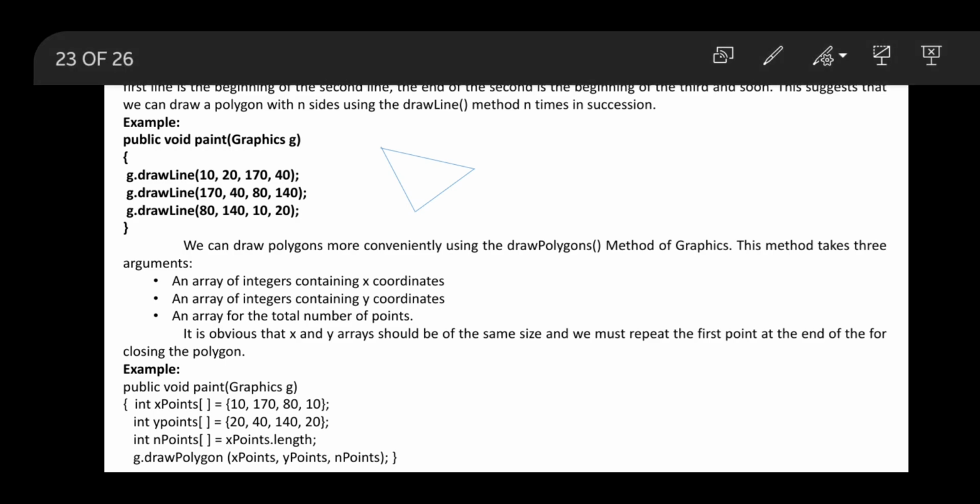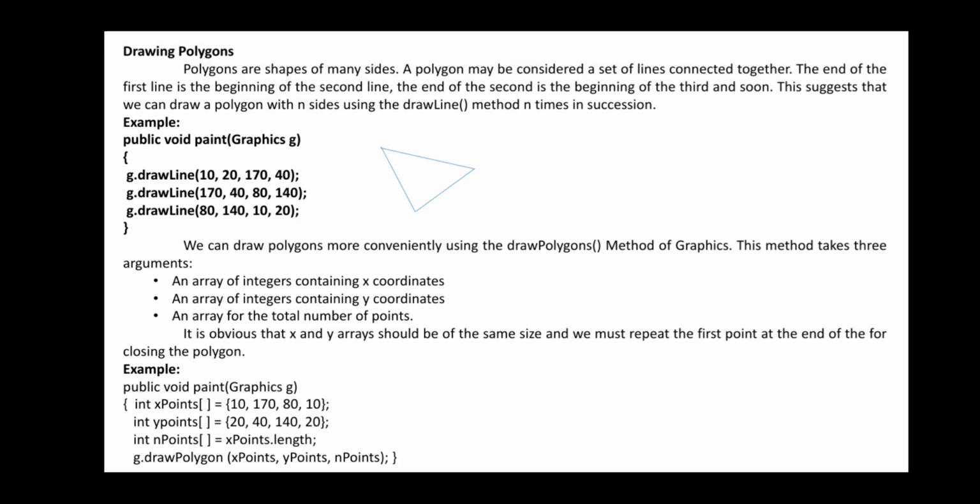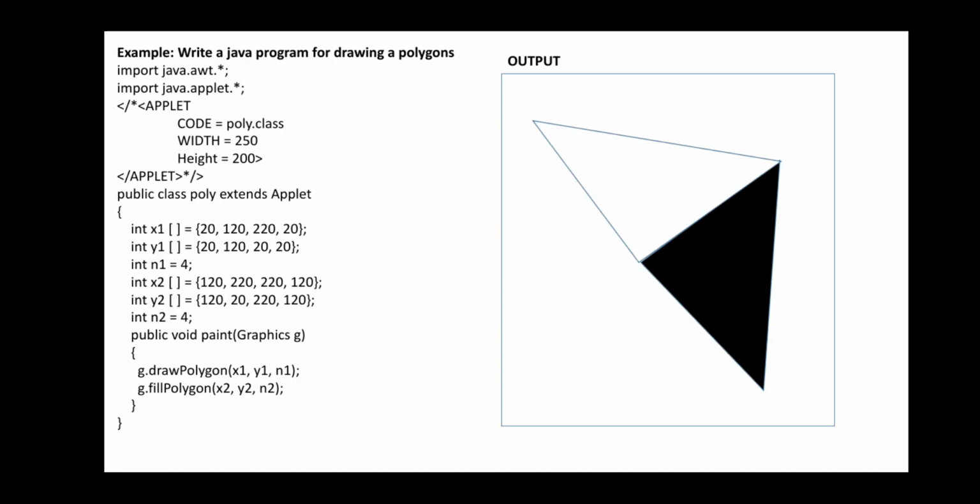So what is going to be said here? You are going to have a simple example of how it is defined. You just see, here you have a Poly class, a class called polygon. The x coordinate points are 20, 120, 220, 20.